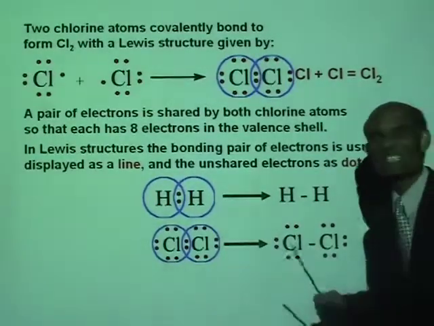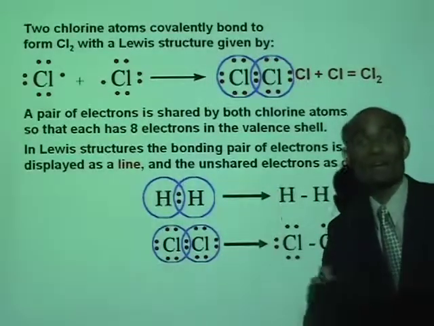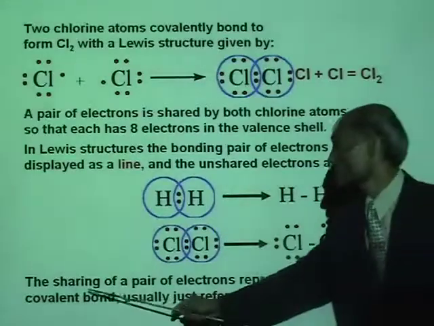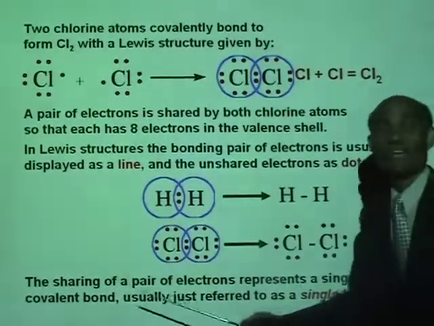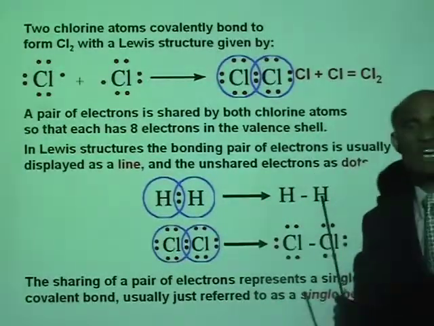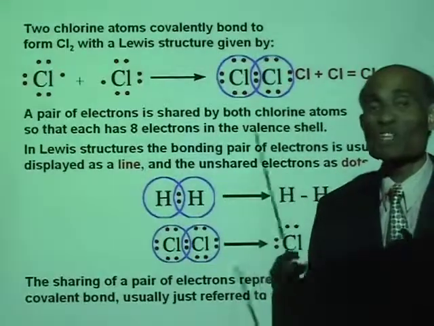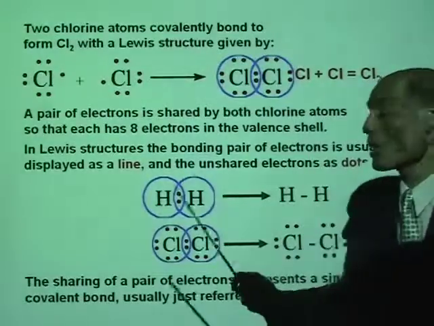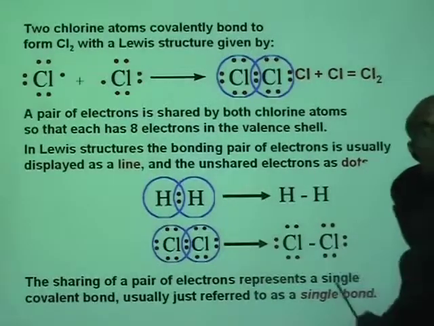This is called a single bond. When you share a single pair of electrons, it is called a single bond. Sharing of a pair of electrons represents a single covalent bond. So what does a single covalent bond represent? A single covalent bond is one pair of electrons shared, and we call it a single bond.